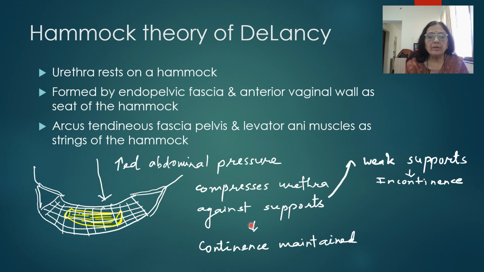Whenever there is weakening of the support, either of the anterior vaginal wall or the endopelvic fascia, this compression of the urethra against the support fails to take place, and with the weakened supports, incontinence takes place with the increase in abdominal pressure.